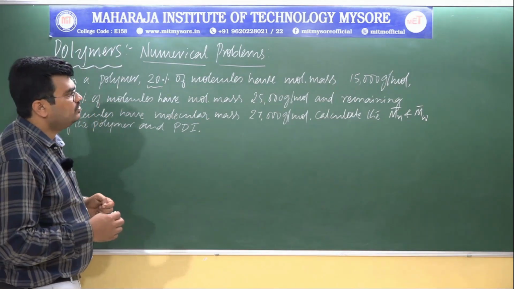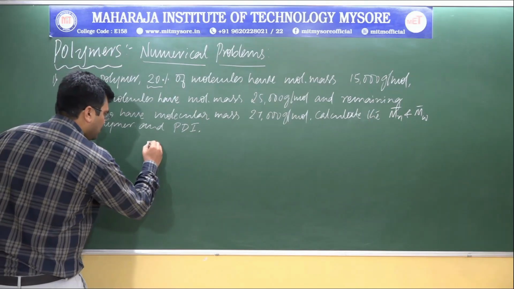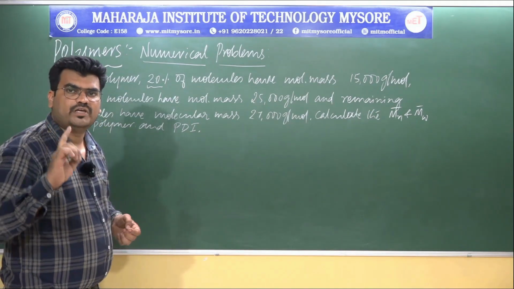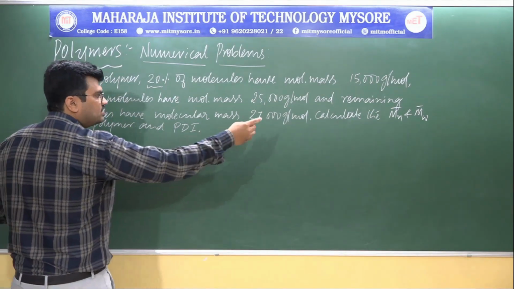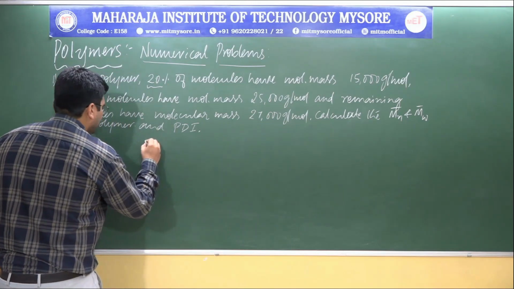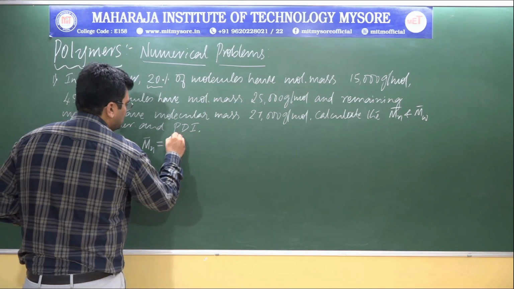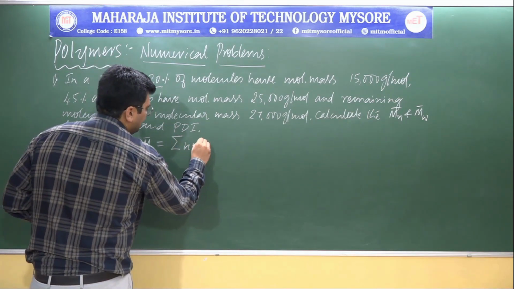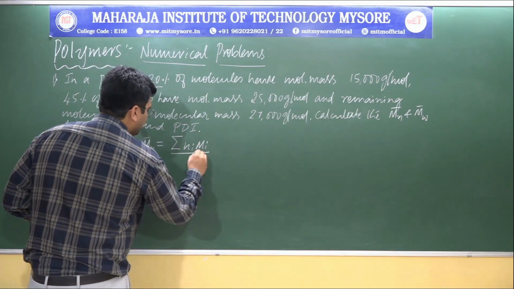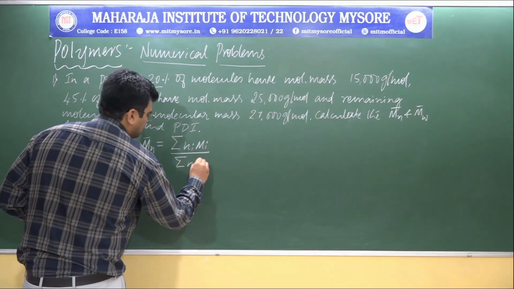First, you have to write the formula, because for writing the formula you will get 1 mark. So first let us take the number average molecular weight, Mn bar, and its formula is summation of Ni Mi divided by summation of Ni.